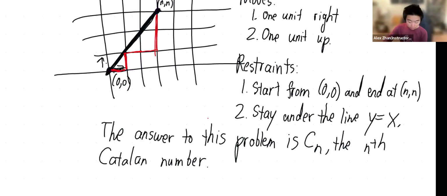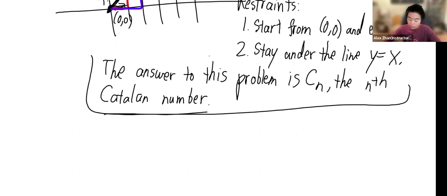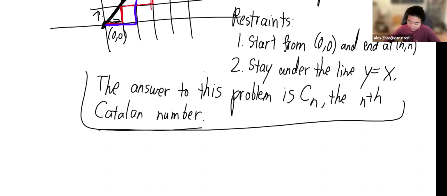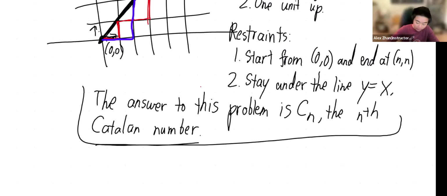Now let's talk about how the recursive relationship for Catalan numbers is derived. The Catalan number C_n is defined to be the number of ways to go from 0, 0 to n, n while staying beneath the line y equals x. In order to find the recursive formula, we discuss the first point at which the path meets the line y equals x.